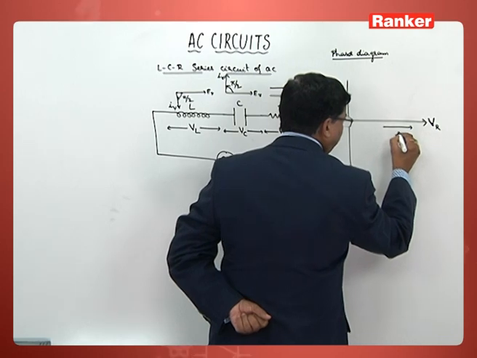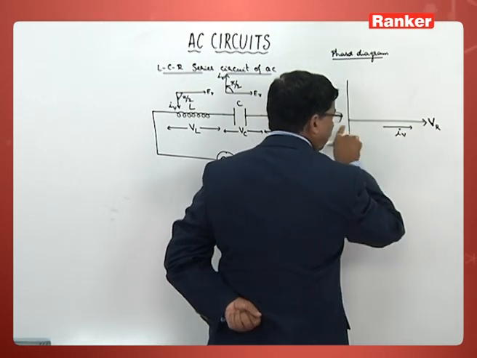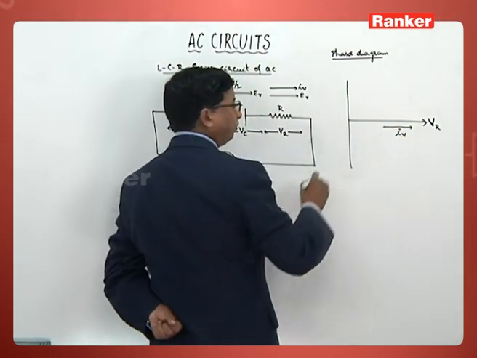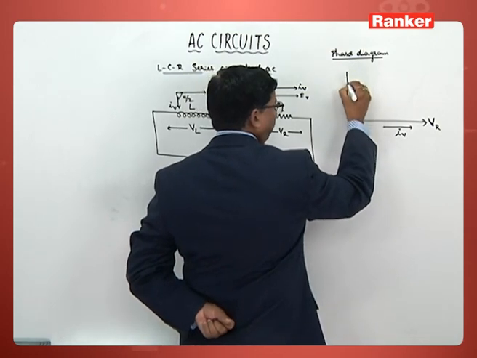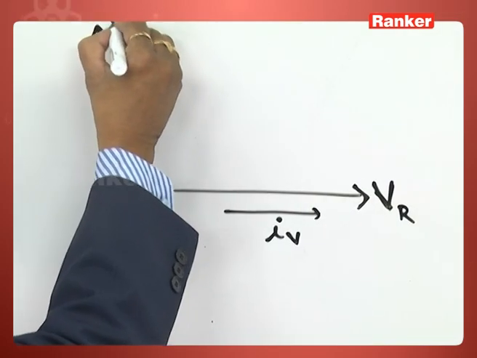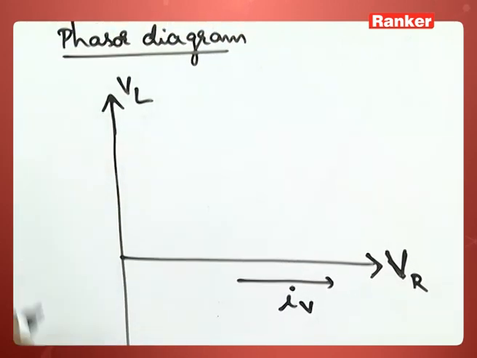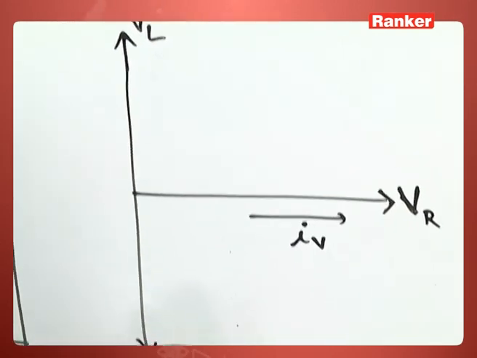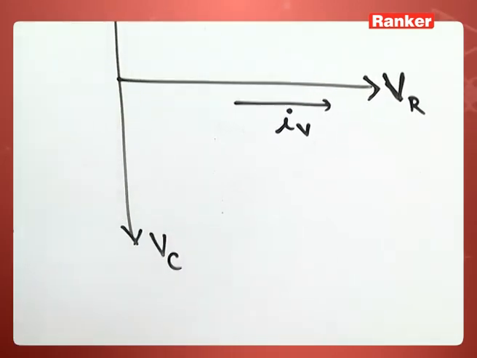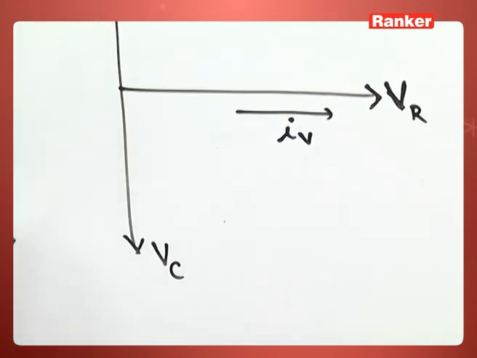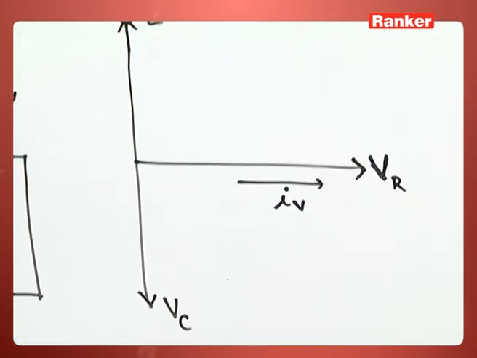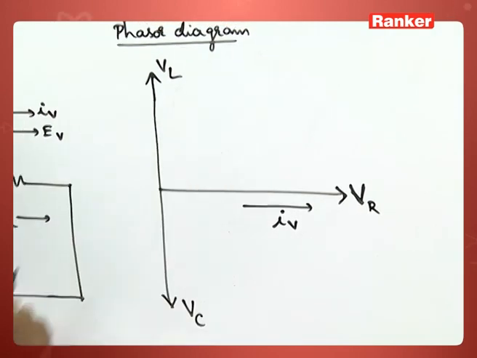Obviously, the virtual value of current will be along the same direction. Now, we find the potential difference across the inductance vertically up and potential difference across the capacitance is acting vertically down. We can take these three directions like this.